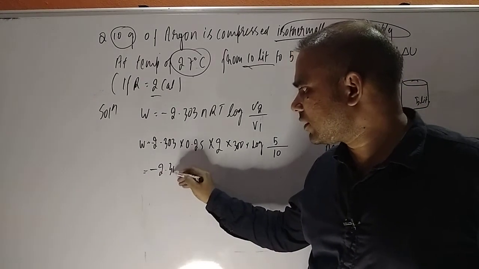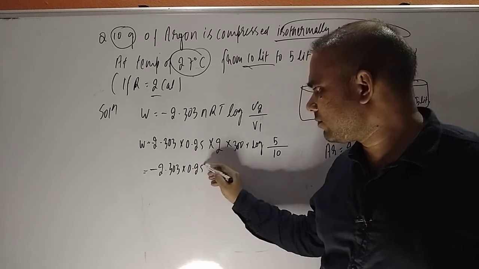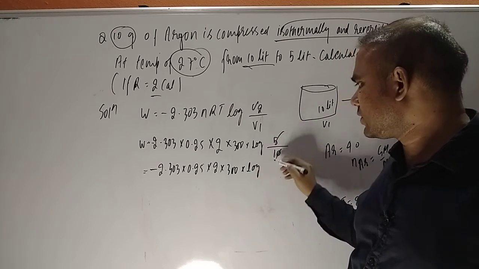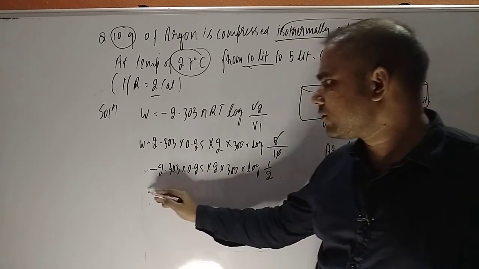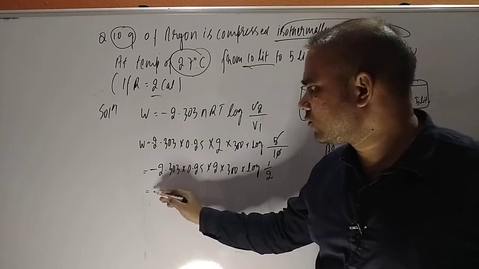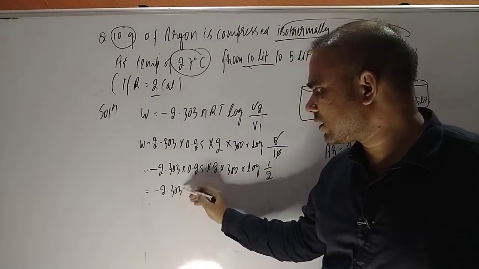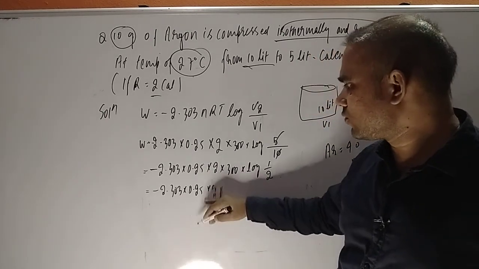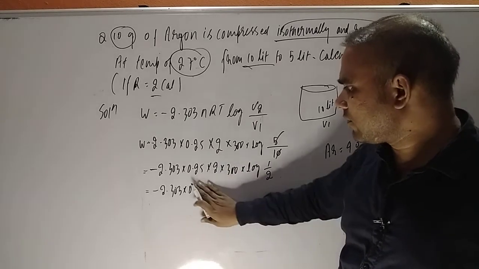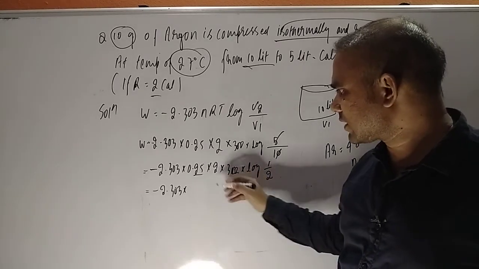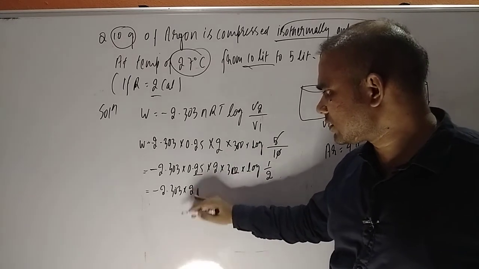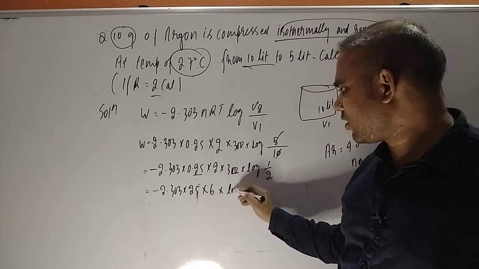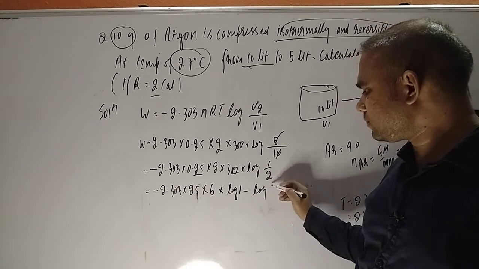Minus 2.303 into 0.25 into 2 into 300 into log of 5 by 10, which is 1 by 2. Solving: 2 times 300 is 600, two decimals and two zeros cancel out, so it is 25 multiplied by 6, into log 1 minus log 2.